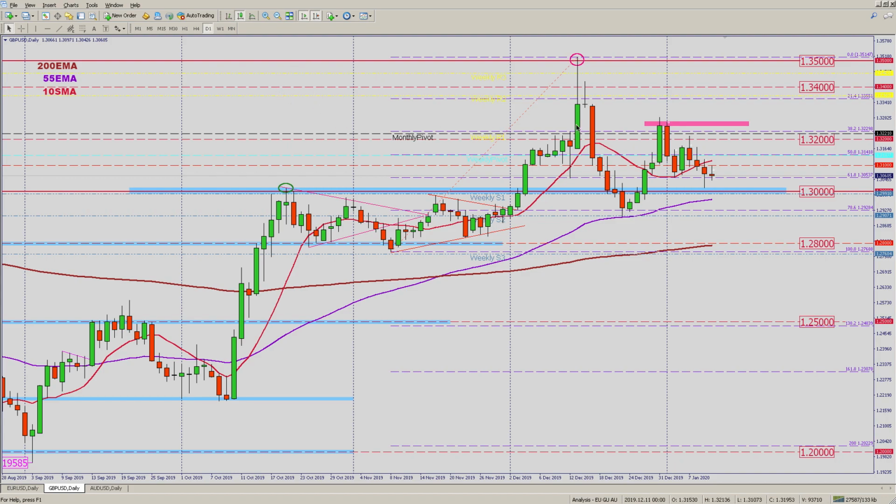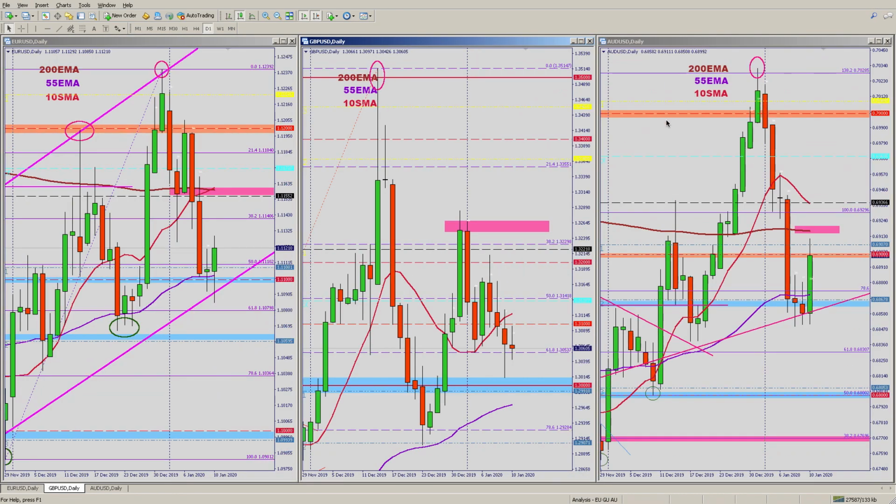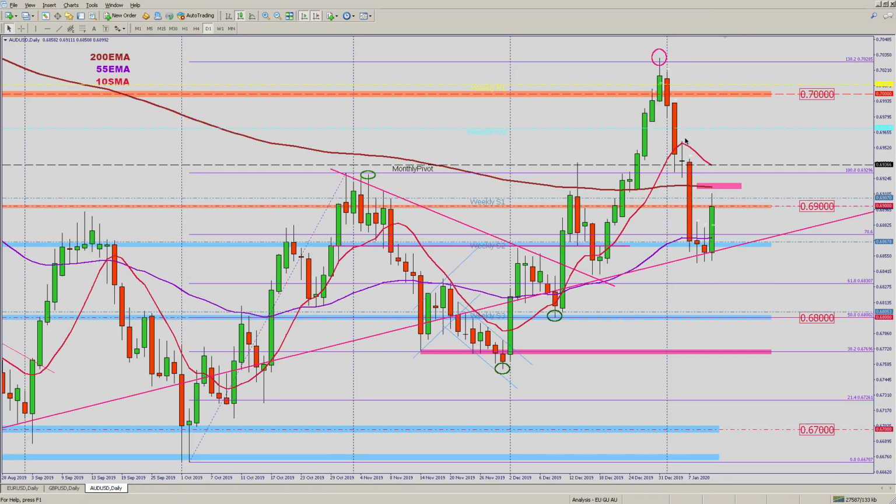All right, let's move on to the Aussie dollar. Apart from lower than expected US non-farm payroll jobs added, which gave a boost to the other major currencies, the Australian retail sales figures were also much better than expected.